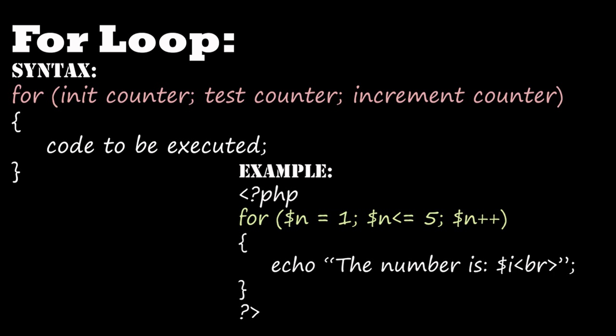Likewise, till 5 it will execute. When n is equal to 6, the condition n less than or equal to 5, which is the test counter we have given here, will be false, so the code will not be executed and it will stop.